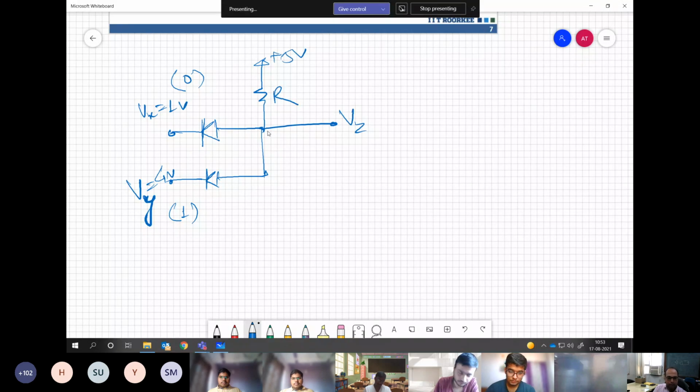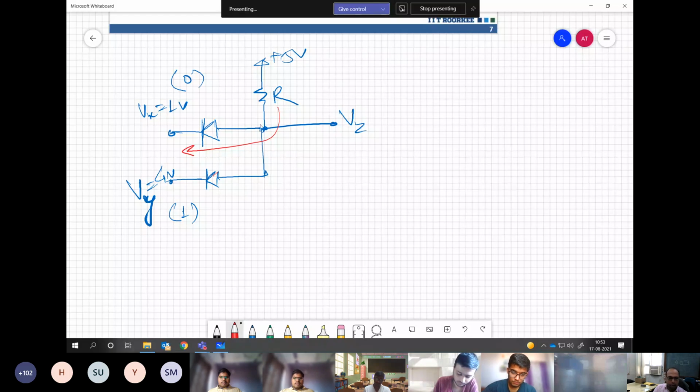Okay. Now tell me which diode will conduct. The Vx diode will conduct. The Vy diode will not conduct. What is happening to Vy? Reverse bias. Why do you say so? Because if the Vx diode is conducting, then the voltage Vz will be 1.6.